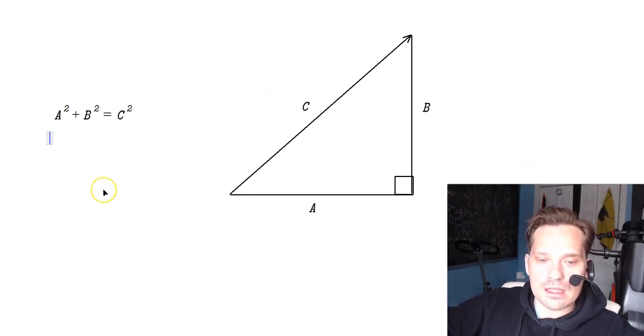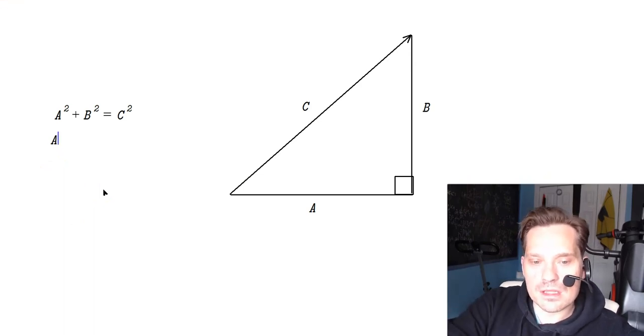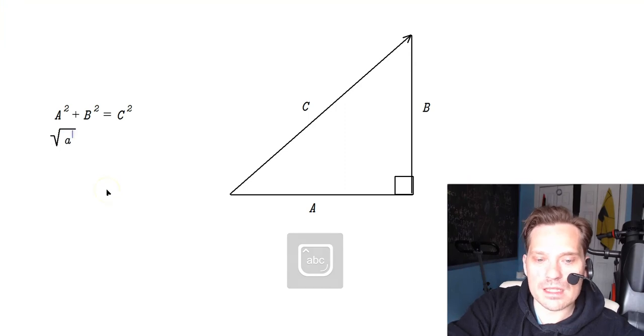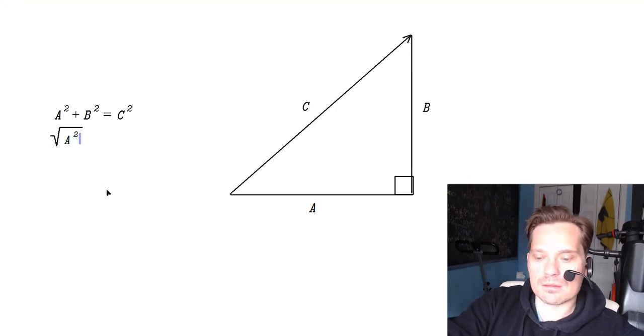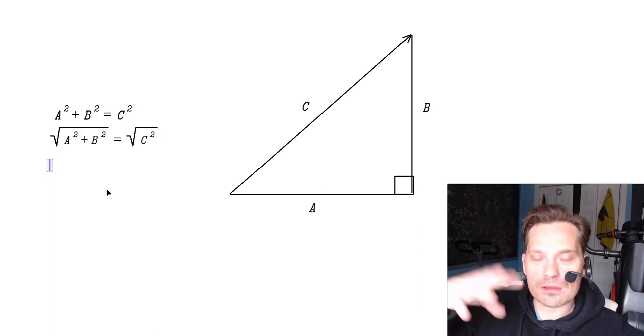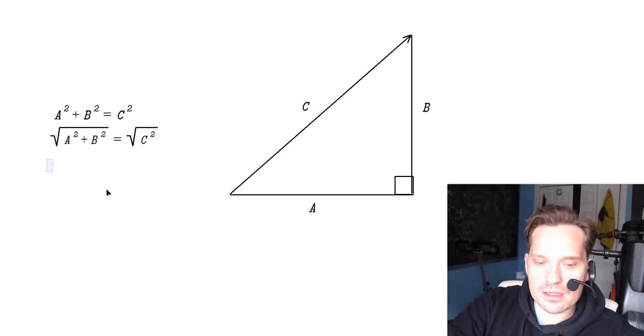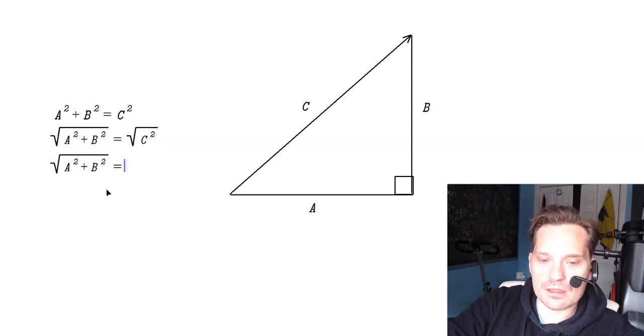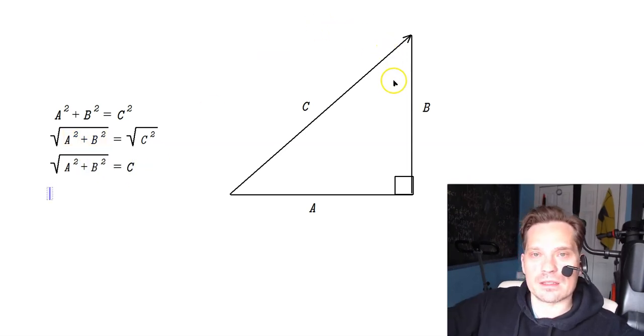If you take the square root on both sides, you find that the square root of a squared plus b squared is equal to the square root of c squared. On the right side, the root and the 2 are inverse operations, so you have the square root of a squared plus b squared equals c. And that's the length of the vector.